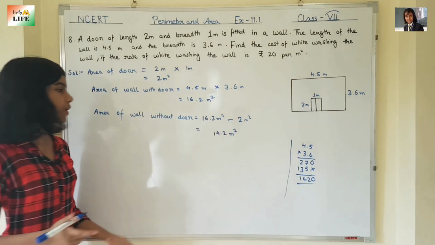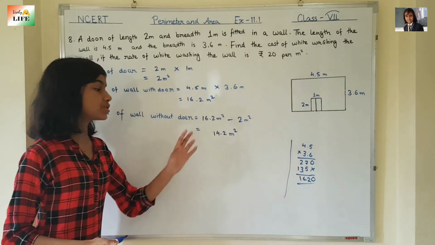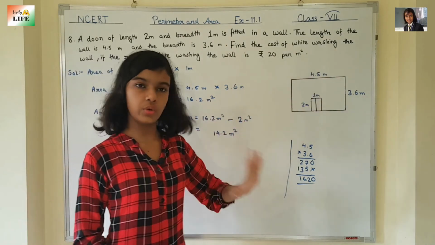This area, meter square only. So 14.2 meters square is the area of only the wall without the door. Okay.